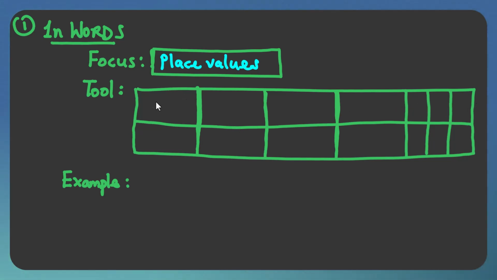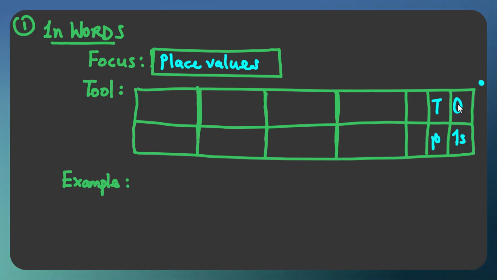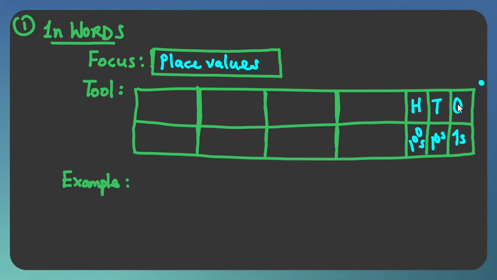Starting from right to left, just before the decimal point, we have our first digit, which is the ones. The next is the tens, then the hundreds, and once we're done, it moves on to the next category, which is the thousands.